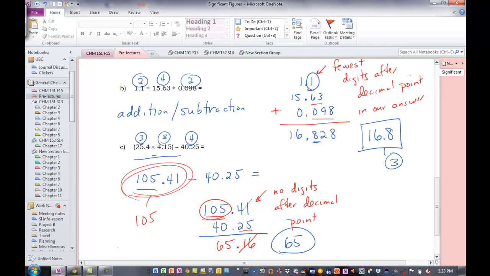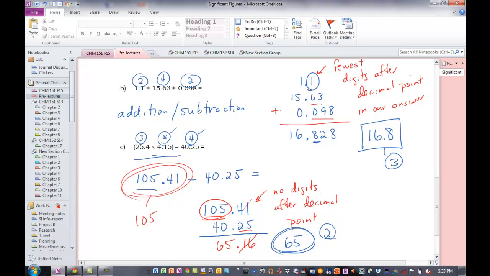We started with 3 digits in 25.4, 3 digits in 4.15, 4 digits in 40.25, but we end up with 2 significant digits in our answer. That's okay, because we did mixed operations there. We had to do 3 significant digits for the multiplication based on decimal points. Our final answer is 65. Watch those. Those are pretty tricky, okay?